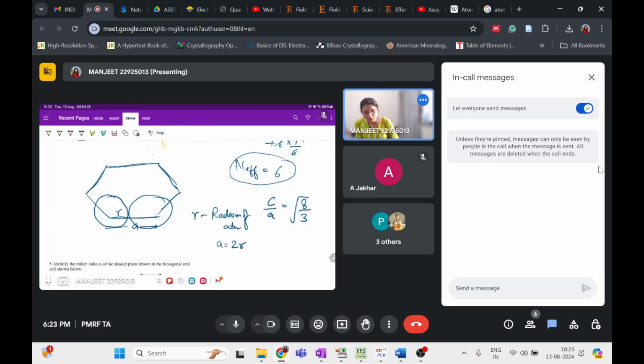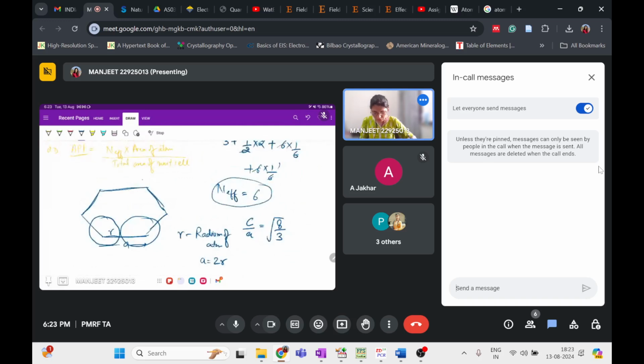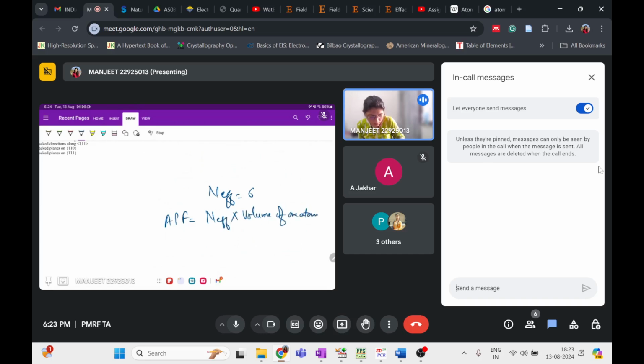Okay, now put all these values in the formula. Let me do it here at the end. So N effective is 6. APF will be N effective into the volume of one atom, divided by the total volume of the unit cell.